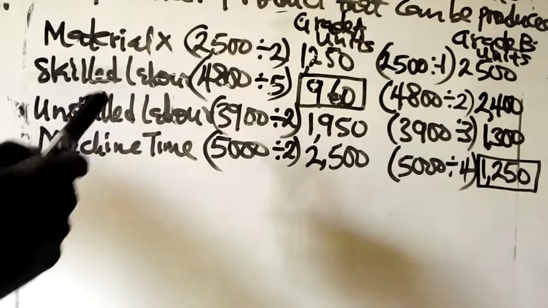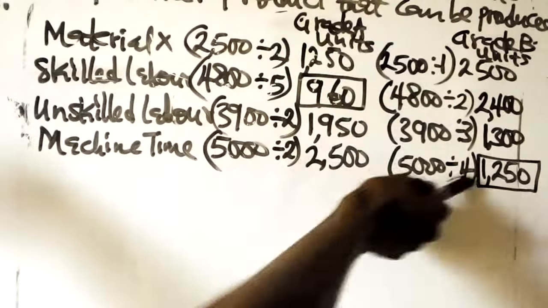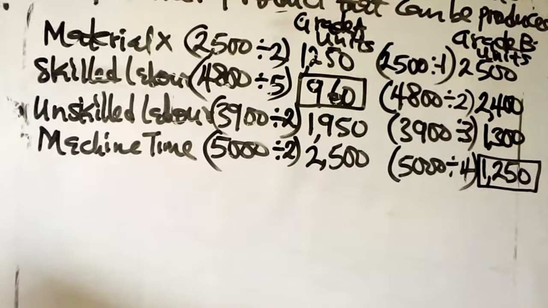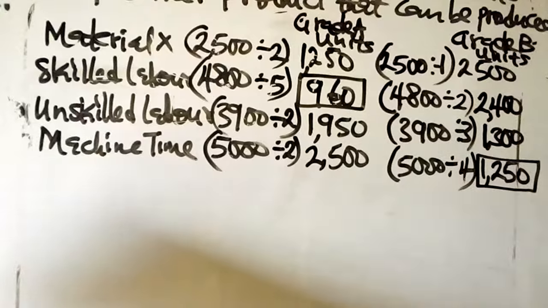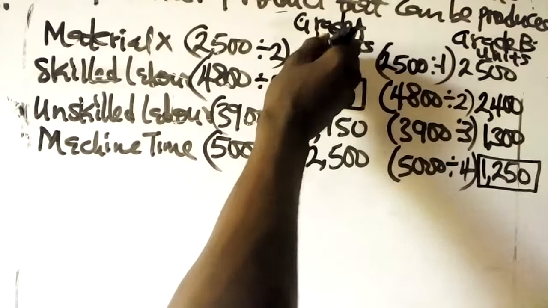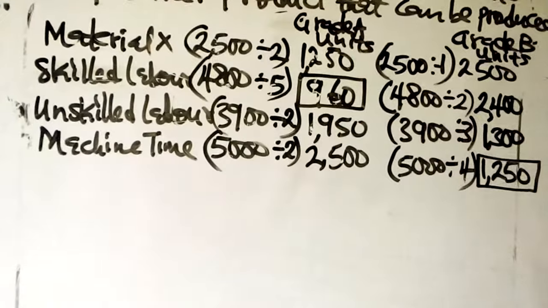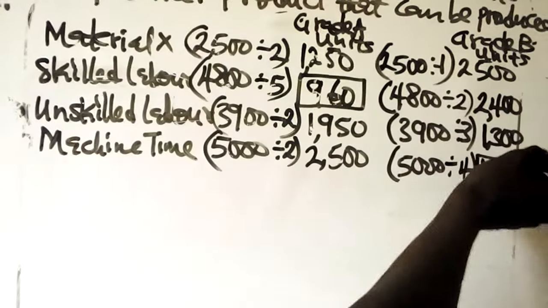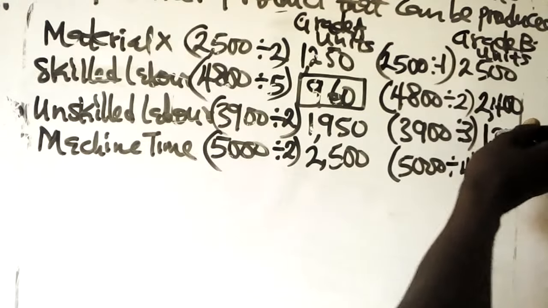The maximum unit of either product that can be produced is the lowest under each of these, since you don't have sufficient of each of the items. So you can only produce 960. So it is 960 that you'll be able to get enough material, enough skilled labor, enough unskilled labor, enough machine time. Then for this, it is 1,250. You can have enough materials, enough of this, and enough of this.